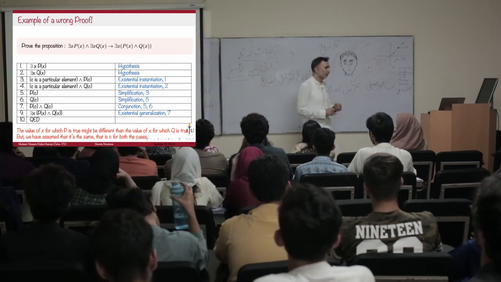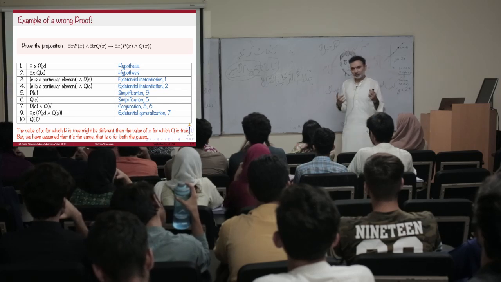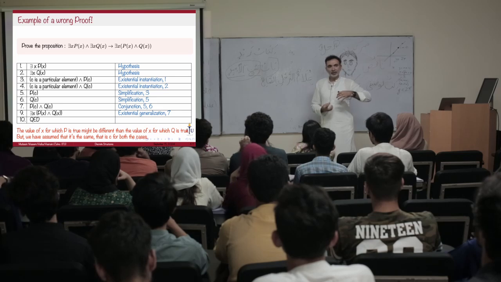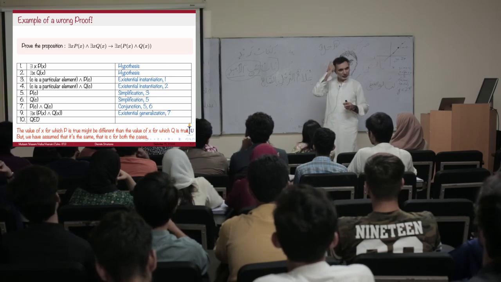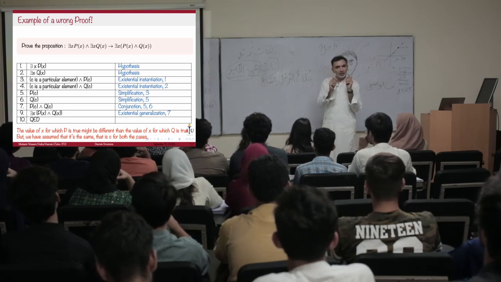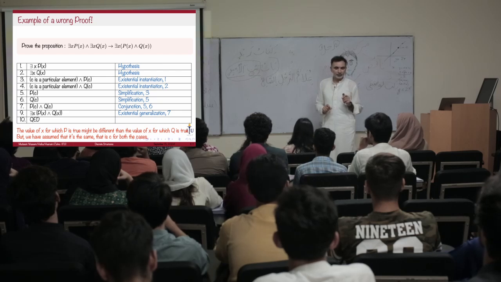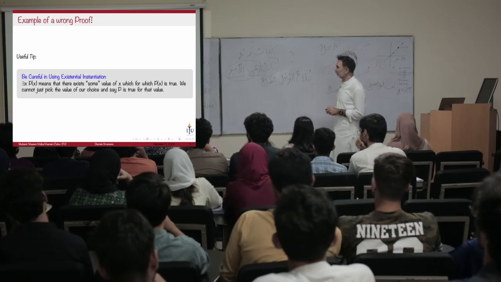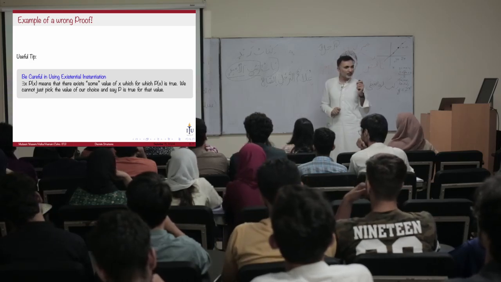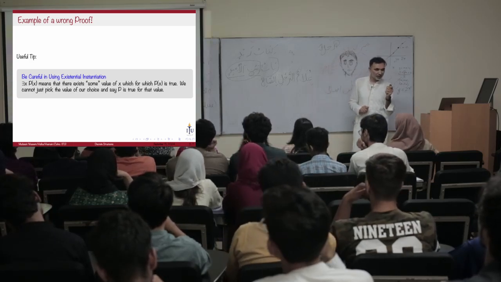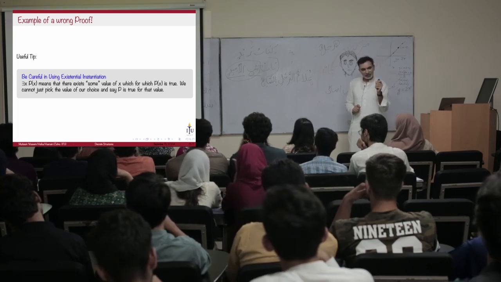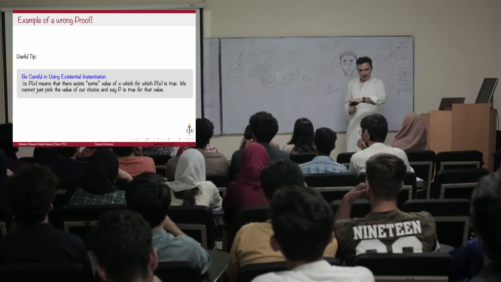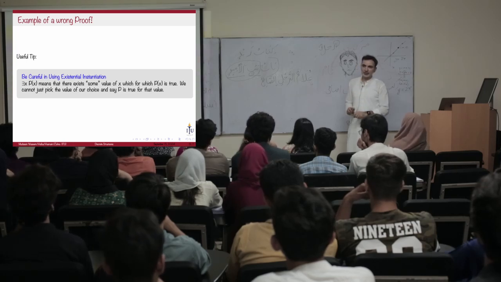Questions? Okay, cool. So this slide was kind of to give you a wake-up call that at times when you are doing instantiation or generalization, you need to pay very careful attention, especially when you are doing existential instantiation. If you are doing existential instantiation on the same domain, use different variables.